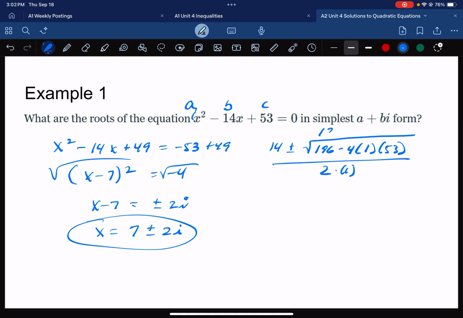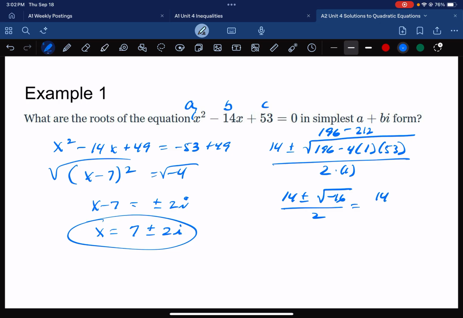So in the radical, I have a 196 minus 4 times 53, which is 212. So I got 196 minus 212, which is negative 16. So I have 14 plus or minus the square root of negative 16 over 2.